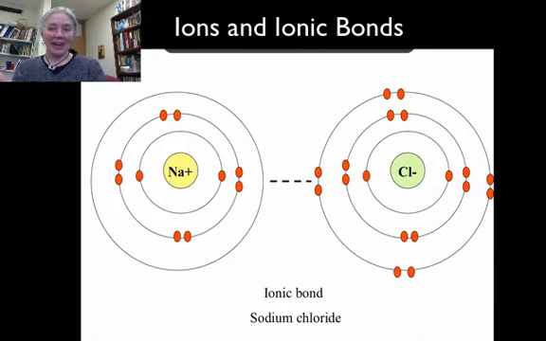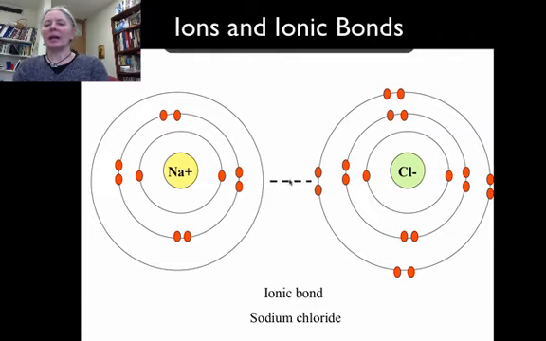Cations and anions attract each other. A positive cation is going to be attracted to a negative anion. Check it out. This positive cation, sodium, has an attraction for this negative anion, chlorine. So that attraction holds these two atoms together. That attraction is called an ionic bond.